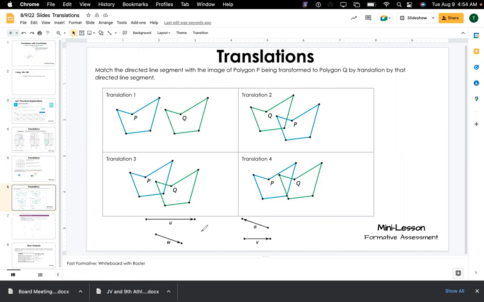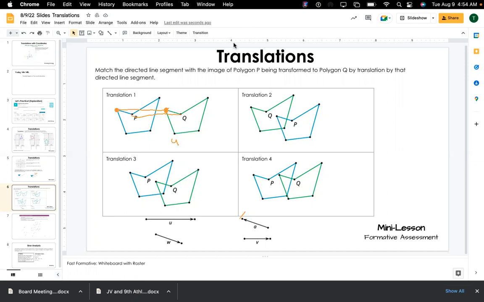So we already know it's not going to be A. It's also kind of to the side. So it's either going to be U or V, and it's a pretty good distance. So from this point to this point, it's a long distance. So that would be this U line.